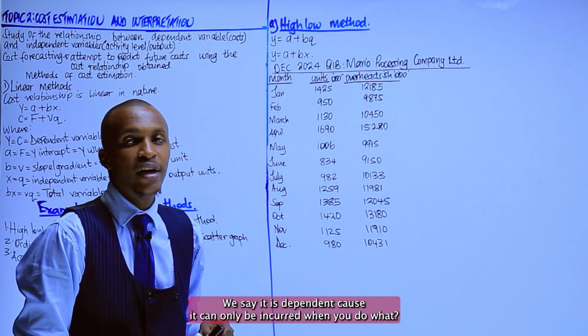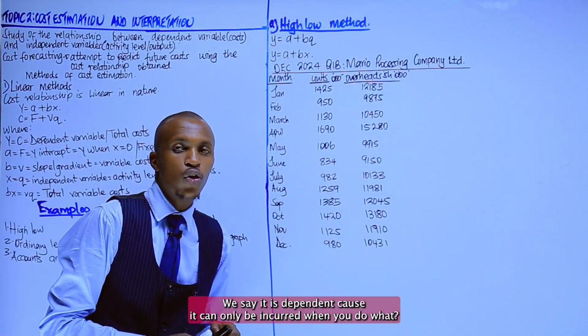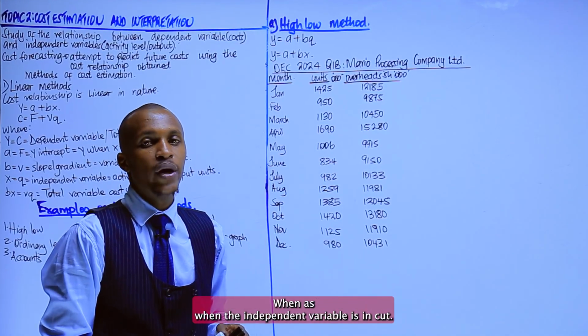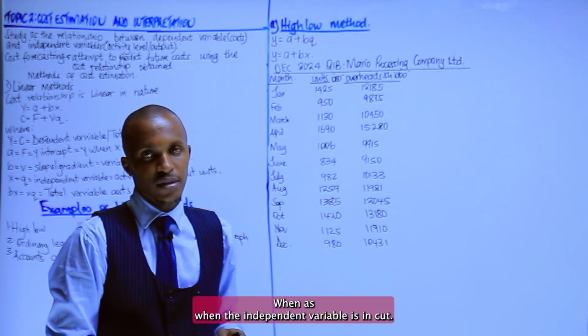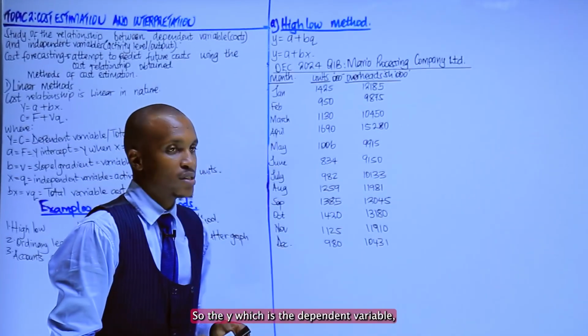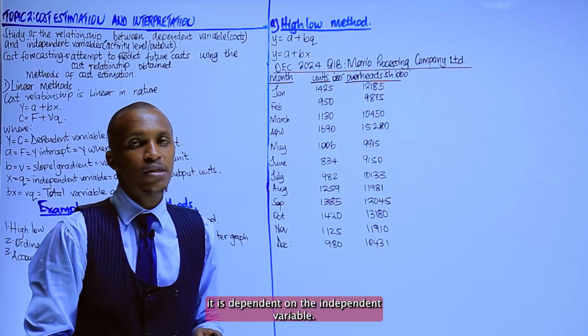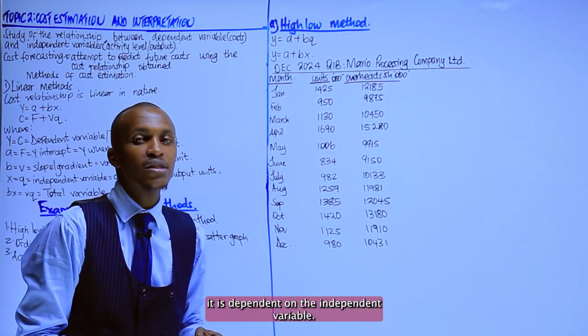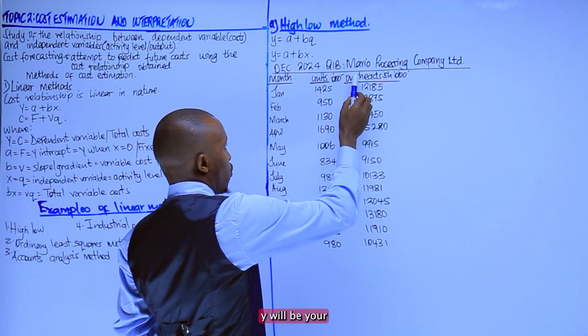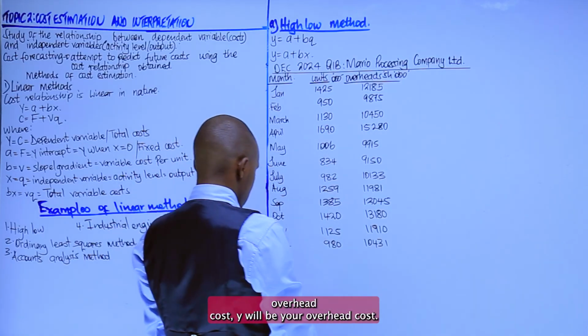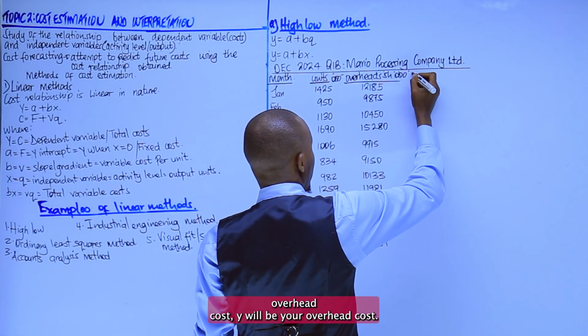We say it is dependent because it can only be incurred when the independent variable is incurred. So the y, which is the dependent variable, is dependent on the independent variable. And in this case, y will be your overhead cost.